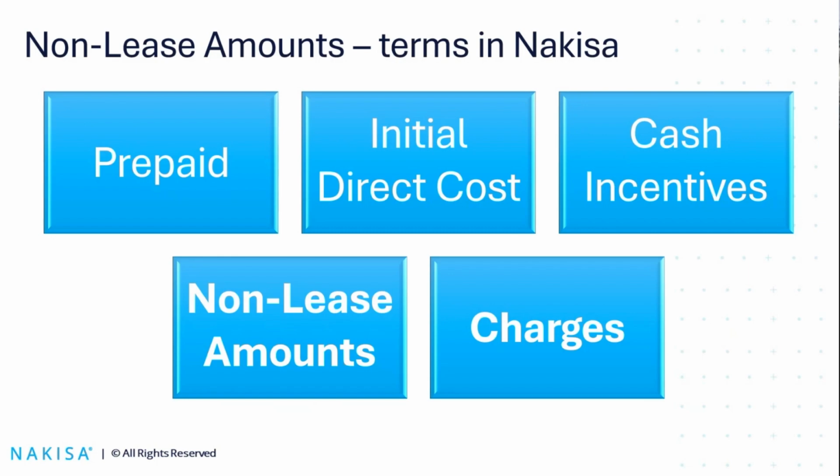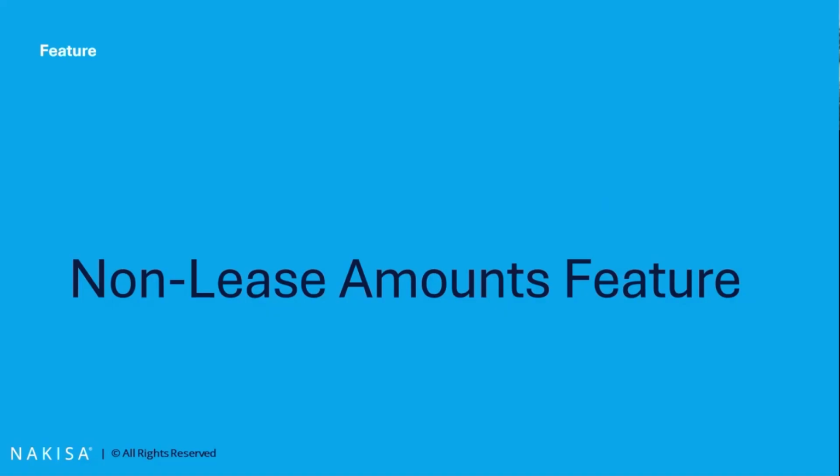All they have in common is that they're not included in the liability calculation, and they're represented in a different way. In other sessions, we talked largely about the prepaid, the initial direct cost, and cash incentive. We had several sessions on the three topics. So today we're going to concentrate on the non-lease amount and charges. So let's talk about non-lease.